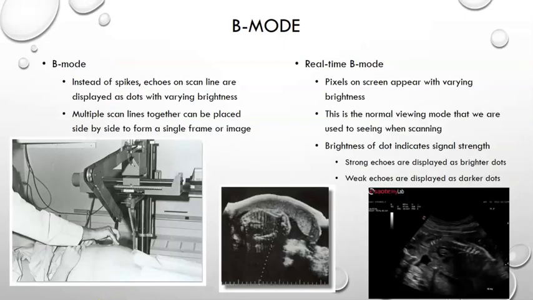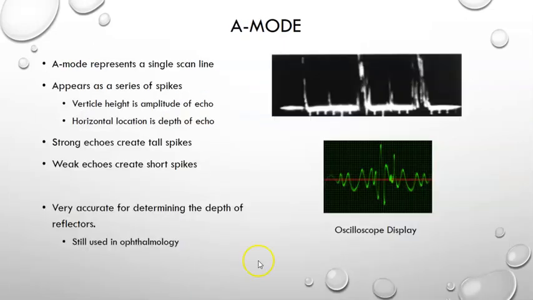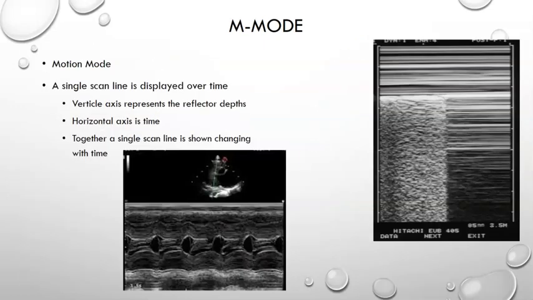In the A mode, as opposed to that, the horizontal axis is time, and the vertical axis is brightness or signal strength. So in this case, a single scan line is shown changing with time.